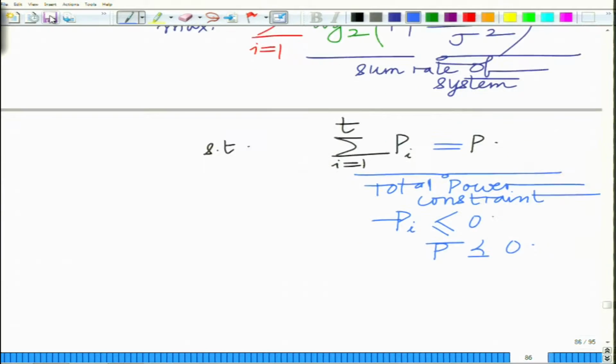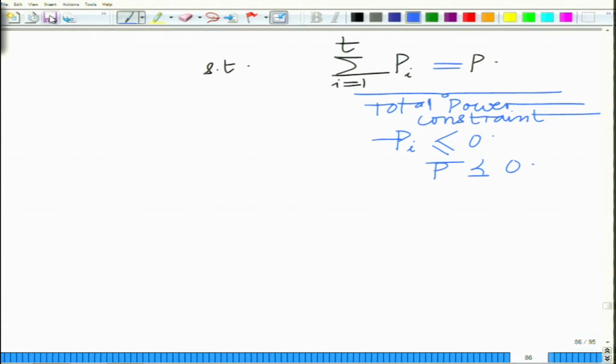This is the non-negativity power constraint, and we have already solved this problem.